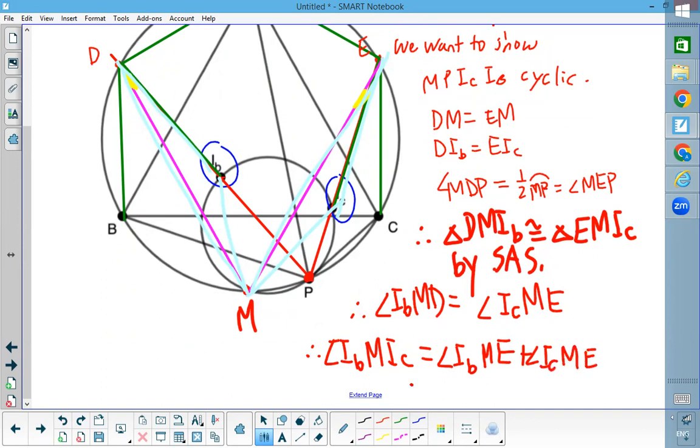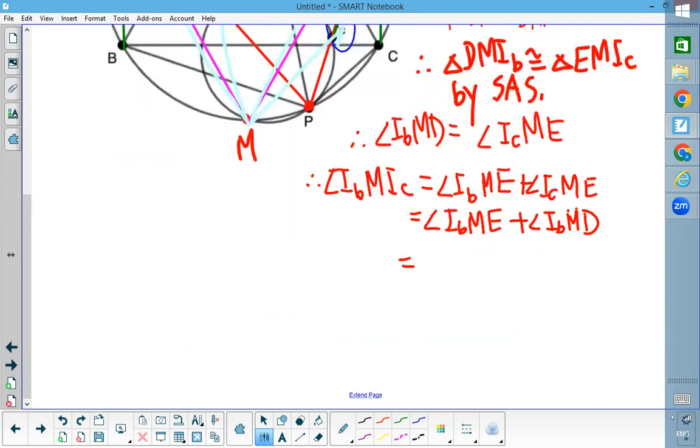But the angle ICME can be exchanged for the angle IBMD, so the sum of these two angles is simply equal to angle DME.